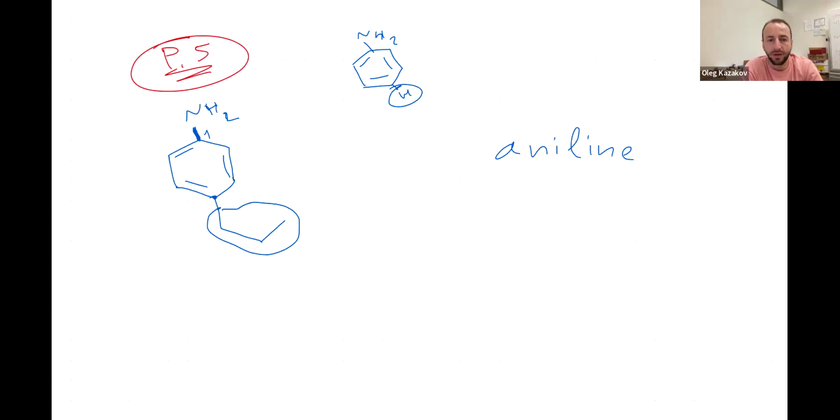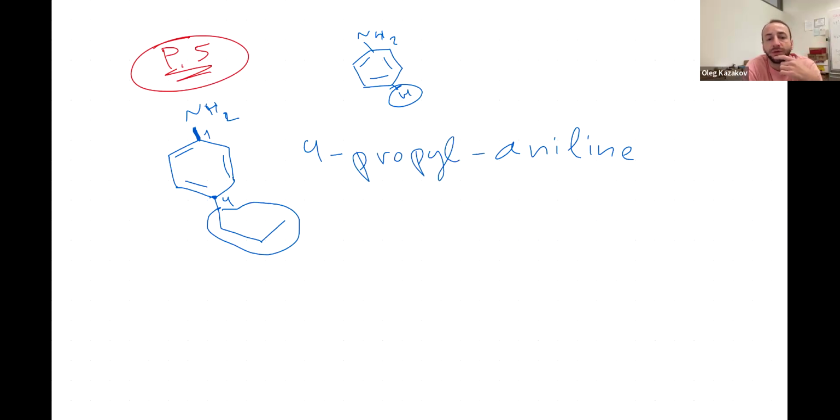If you go clockwise or counterclockwise, this substituent will end up on carbon number 4. 1, 2, 3, 4, still 4. It doesn't matter which way you go, it's still a 4, so it's going to be 4-propyl.